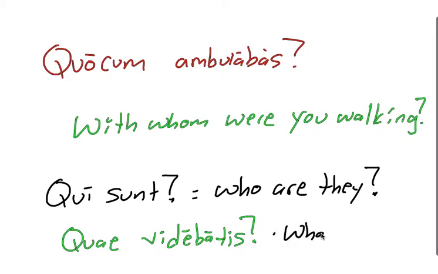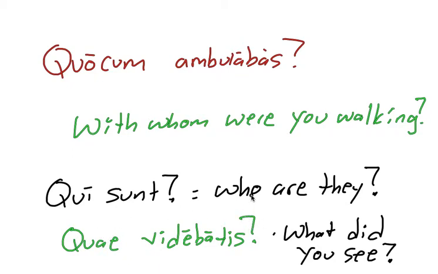What did you see? Like, what things did you see? Quae, neuter, plural, accusative here. Okay, and so this is the interrogative pronoun. It can be used in any case, and just as a refresher for the translation.